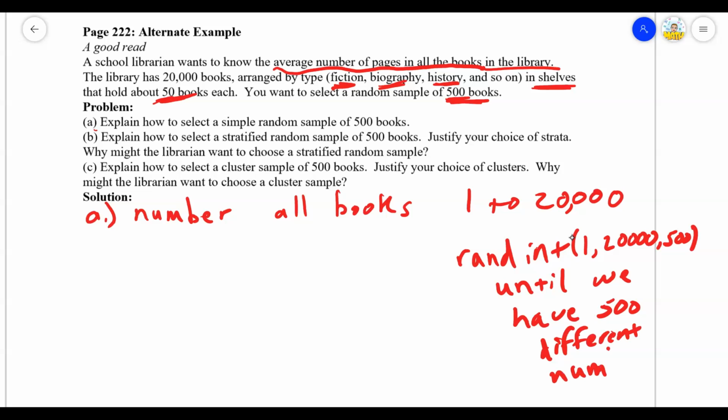And those 500 different numbers will represent the 500 books that we are going to select. So you want to make sure you write that in your response as well. There should be some kind of correspondence there. The 500 numbers that we select correspond to the 500 books that we're going to sample.